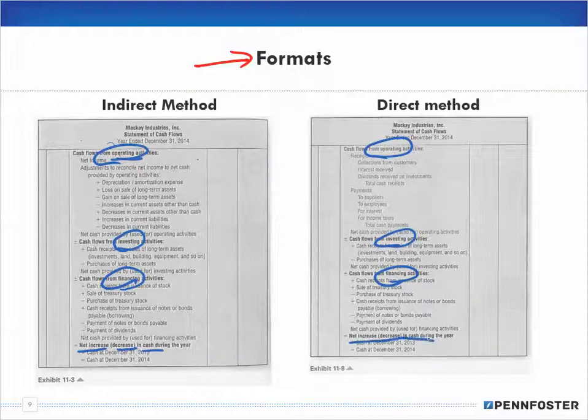So these are the three sections, okay? And the bottom line is whether your cash goes up or your cash goes down, and how you're accounting for it. All right. So now, I'm going to stop the video here, and I'll move on to the next video and talk about these two different formats and what to expect from them.